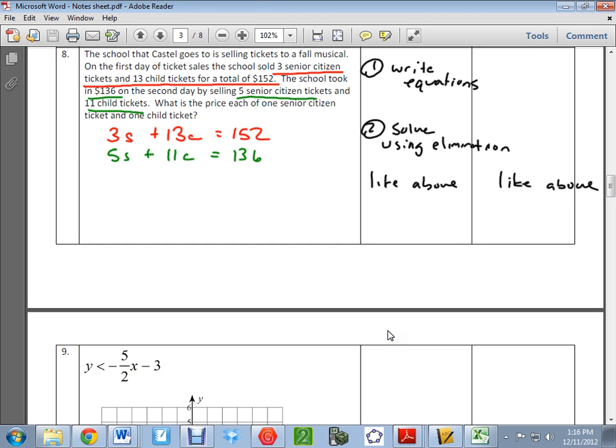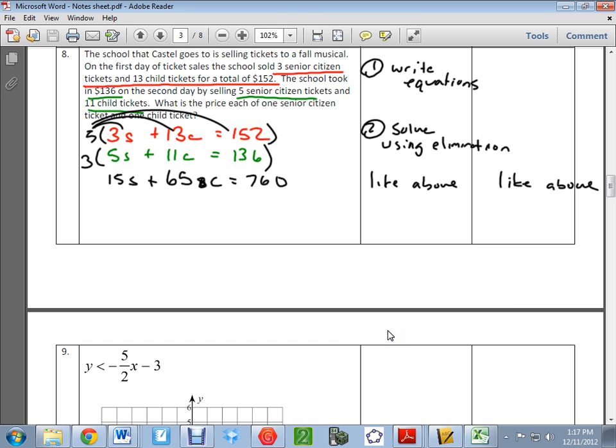The rest of this process is going to be following those same steps. The first step was to switch the numbers in front of the x. So what number goes in front of the top? The 5. What number goes in front of the bottom? The 3. The second step was to multiply or distribute. 5 times 3 is 15s plus 65c is equal to 5 times 152, which is 760.